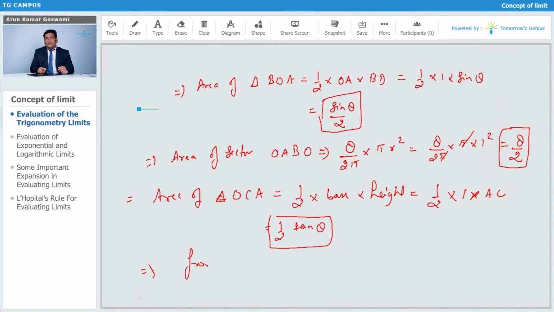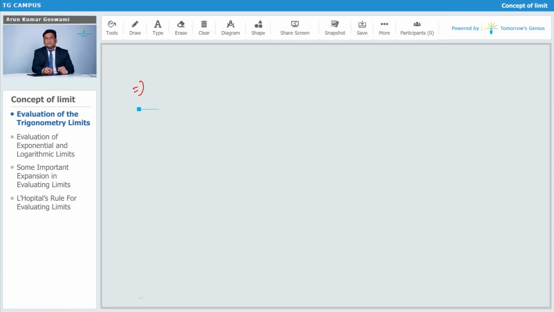So from the diagram, my area of triangle BOA is lesser than the sector area and lesser than the area of COA. It means I can say that sine theta by 2 is lesser than theta by 2, lesser than tan theta by 2. Okay, so 2 is gone.